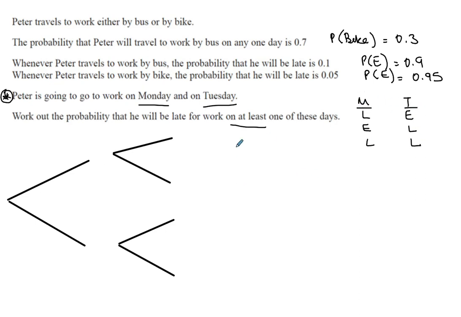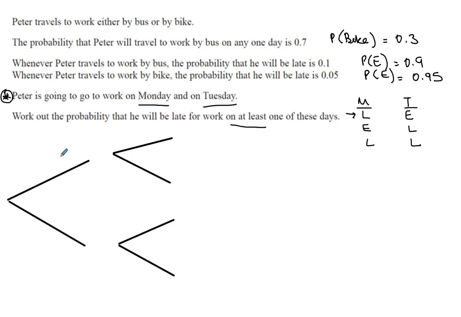So can you see all these preparations are going on in order to establish what we're going to do? Okay, so how are we going to figure out the probability that he will be late on Monday? Because the probability he will be late on Monday depends on going by bus or by bike. Okay, so what we first got to do is find out the probability that he will be late on any given day.